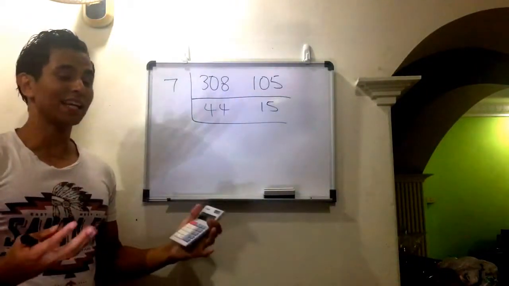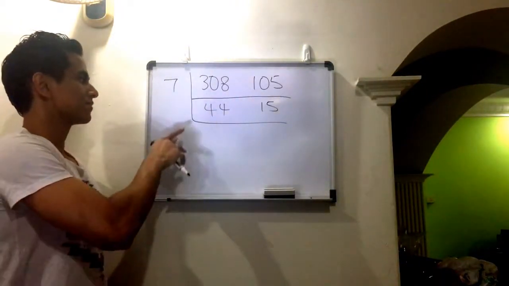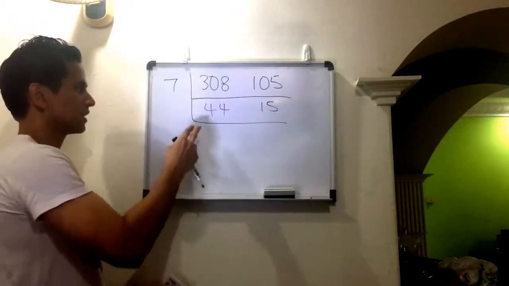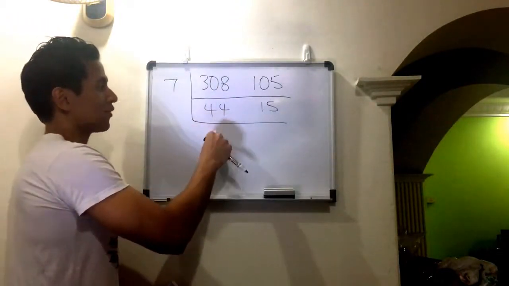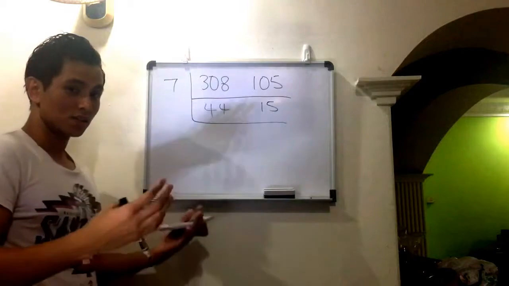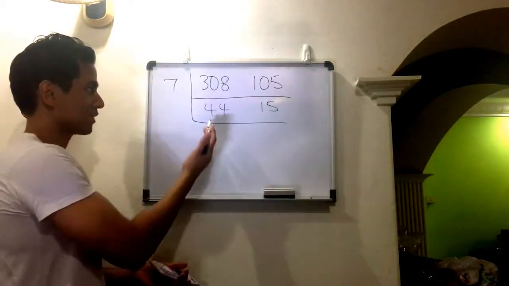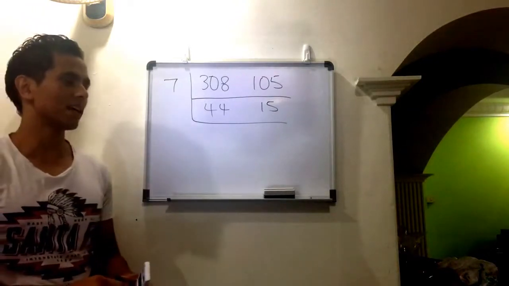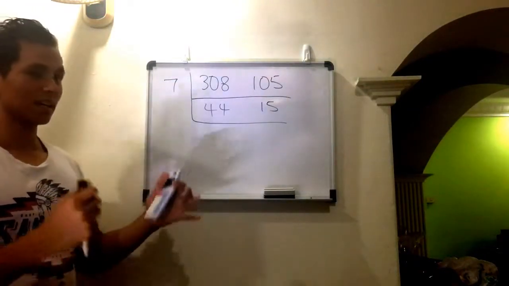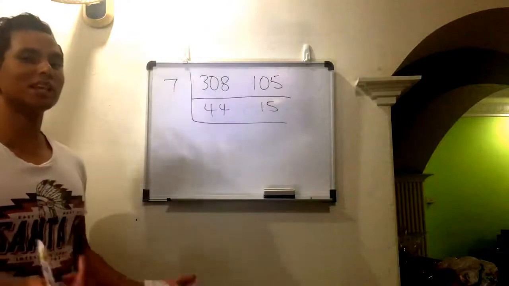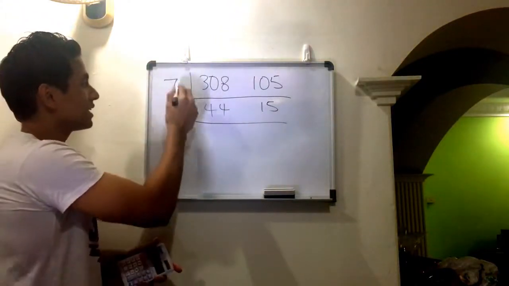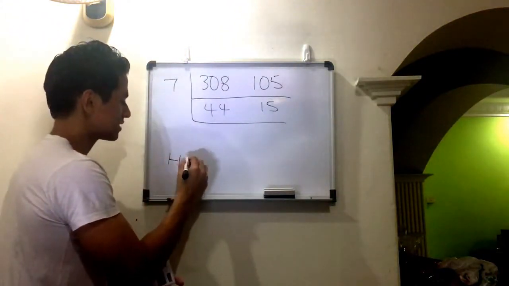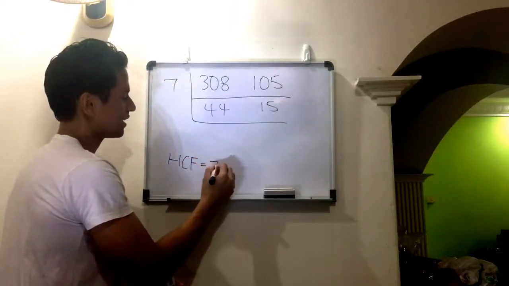Is there any prime number that we can use to divide both 44 and 15? The answer is no. There's no prime number that 44 and 15 can both be divided by. So we have to take note here that in cases like this, if there's no other prime number, the HCF will be 7. So HCF is equal to 7.